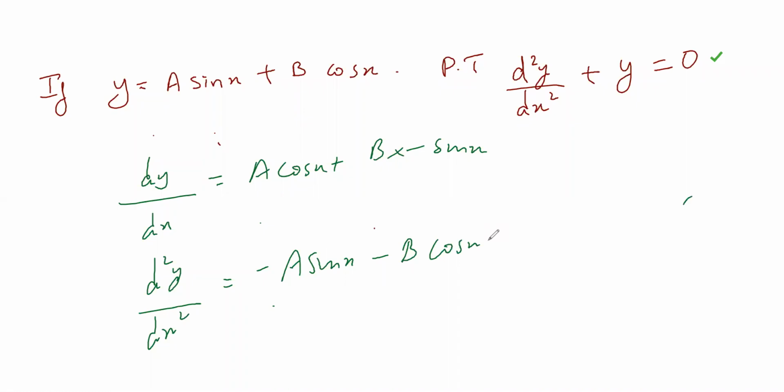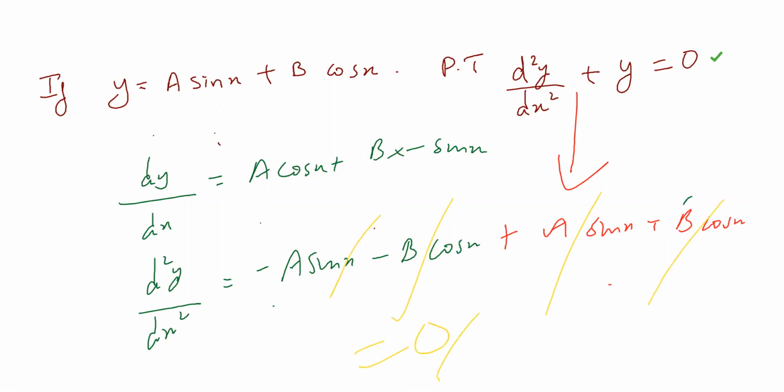Correct? Now if I'm substituting plus y here, plus a sin x plus b cos x, obviously I can cancel everything. 0. Hardly 10 seconds, that's all.